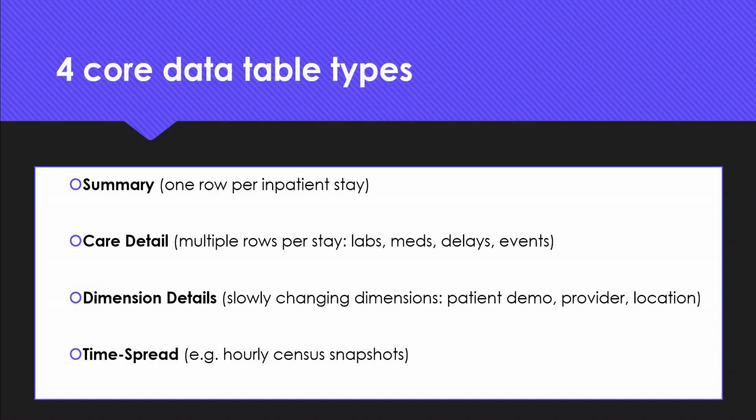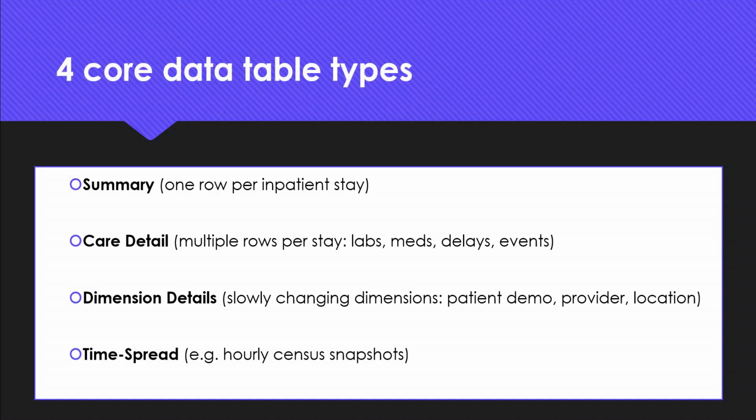Then care details. This is going to be multiple records per encounter and encapsulating activity like labs, meds, orders, delays, events. After that, you need some way to track and know what was true about different elements in your data over time. This is slowly changing dimensions.